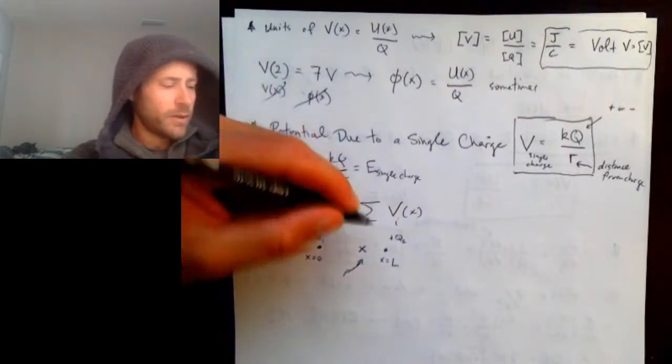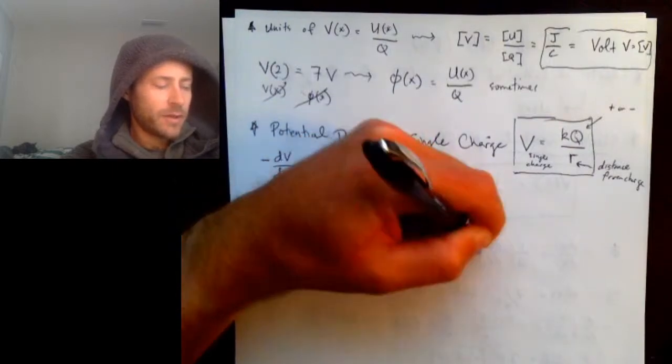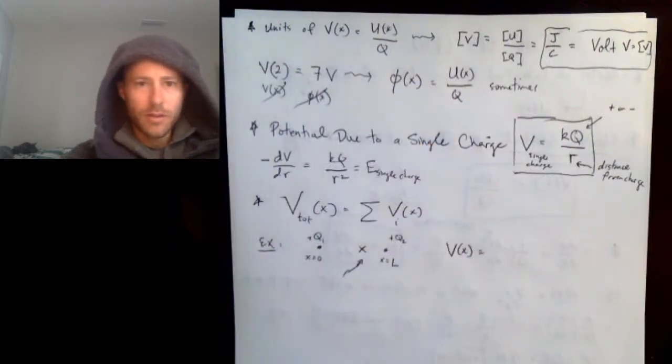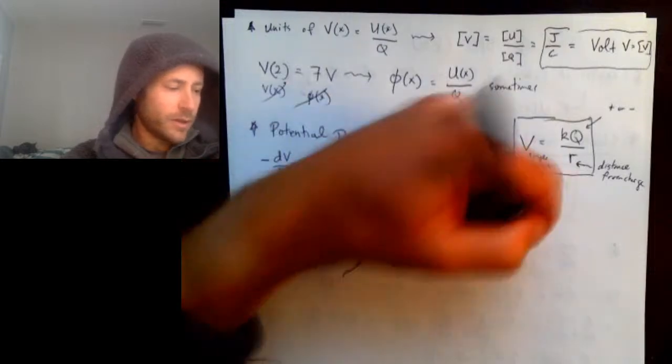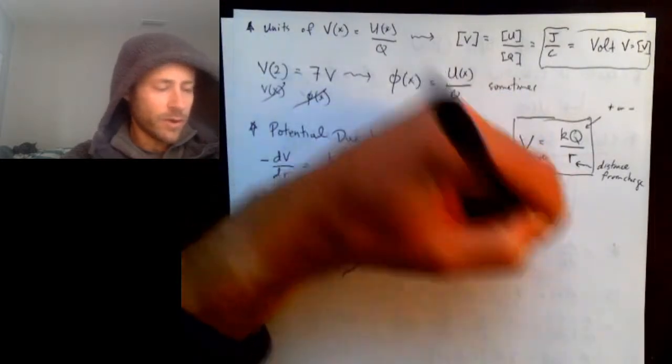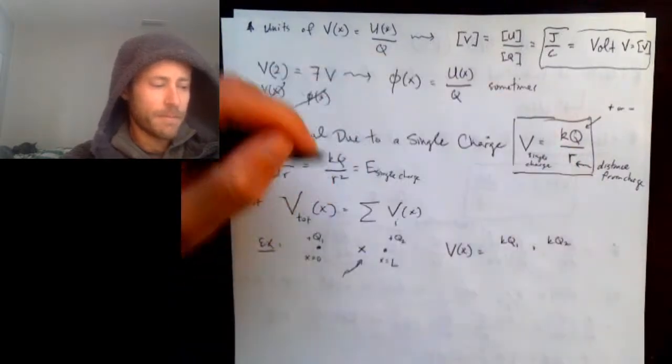So the potential at x is going to be the sum of two terms. There's going to be kQ1 over r plus kQ2 over r.